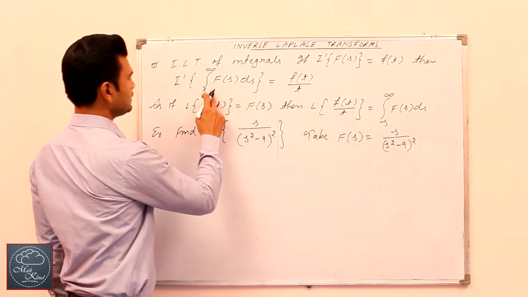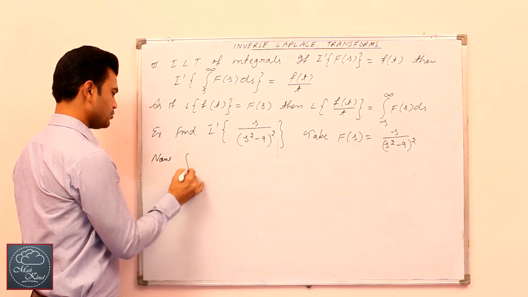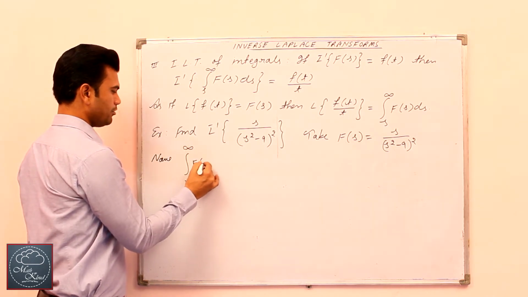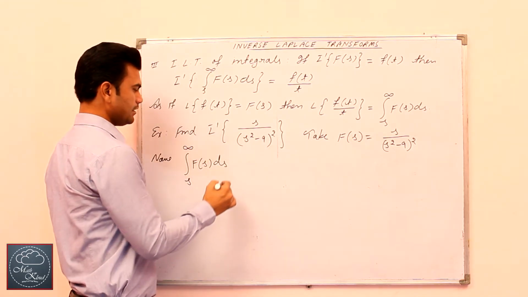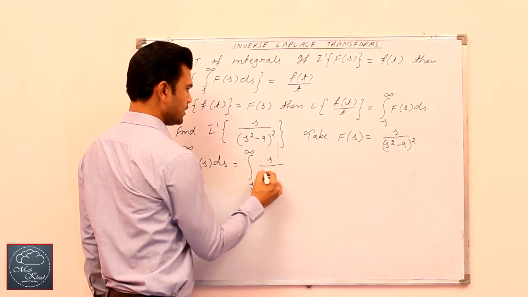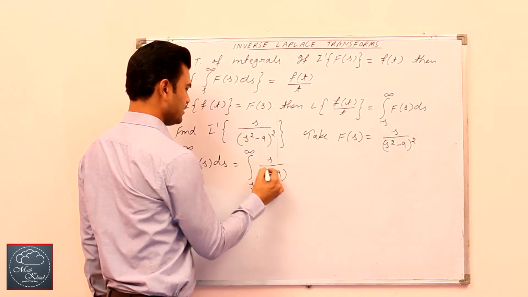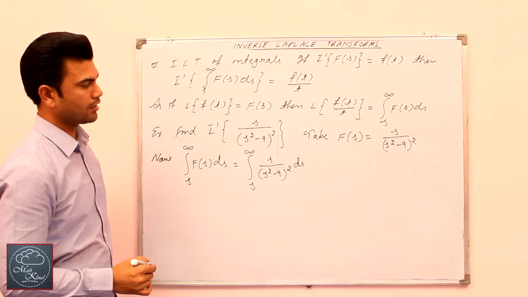We consider this integral, the integral from s to infinity of f of s ds, and this integral is nothing but the integral of s over (s square minus 9) whole square from s to infinity.